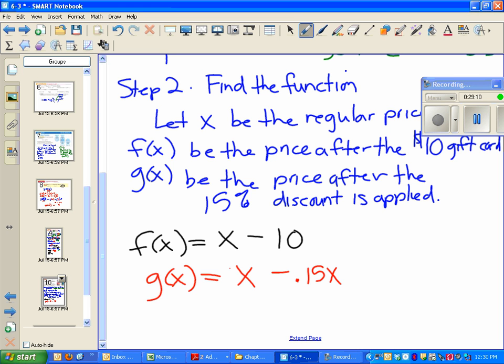So if this is like 1.0x, when I combine that, that's going to be 0.85x. So we're actually paying 85% of the full price after the 15% discount. And then step 3 is going to be to compose the functions.